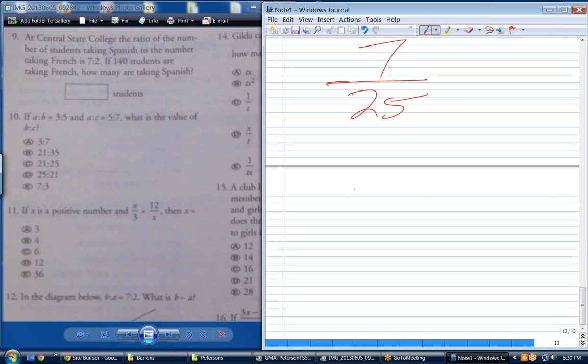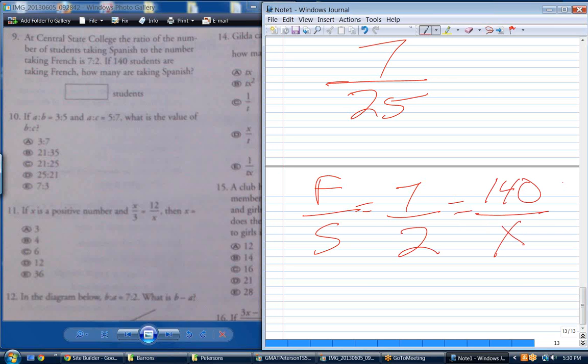An equation that has a ratio on both sides. Okay, we got French is to Spanish as 7 is to 2 as 140 is to x. So this is the equation we have to solve.